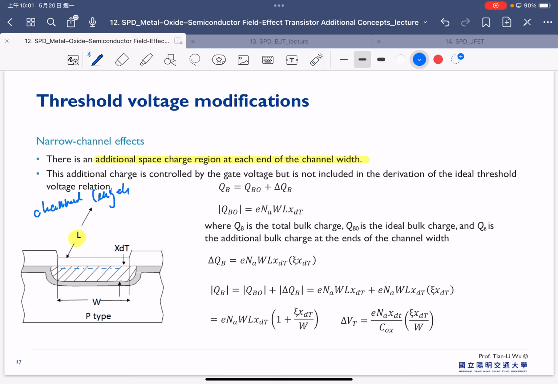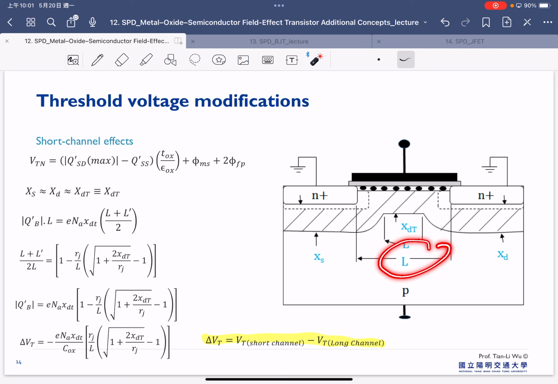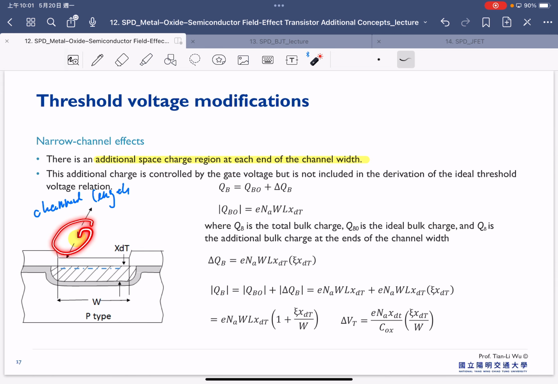This is a dimension that we usually show here, L, and this is usually the W. But now we will try to look at it from another angle. So now this is L, and this is W, the channel width here.